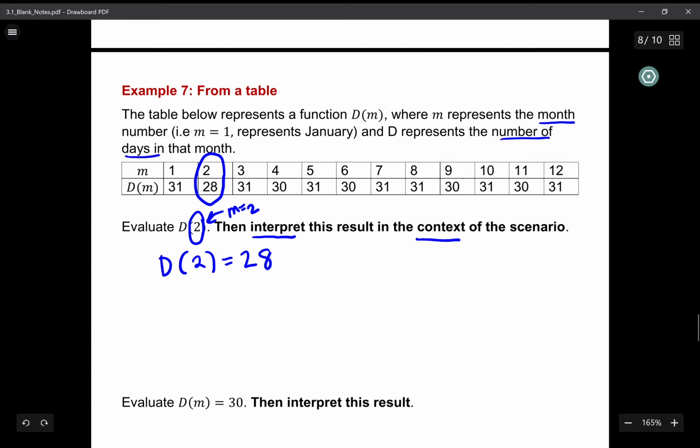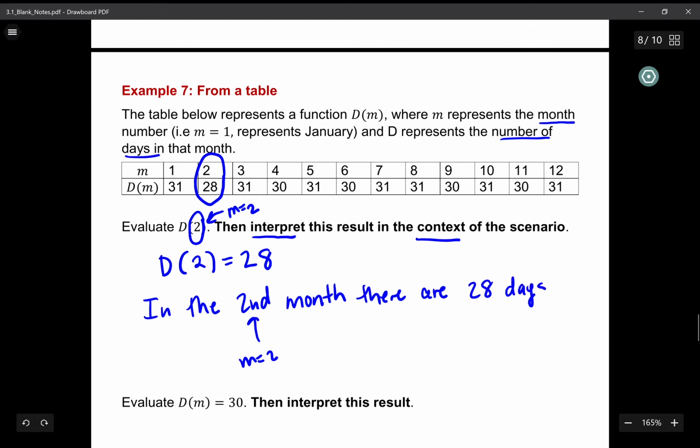So when I interpret that in the context of the situation, I want to make sure that I'm talking about months and number of days. Hopefully we all can understand that this means in the second month, that's the m equal to 2, there are 28 days. And a sentence like this is what I am talking about when I say to interpret in the context.